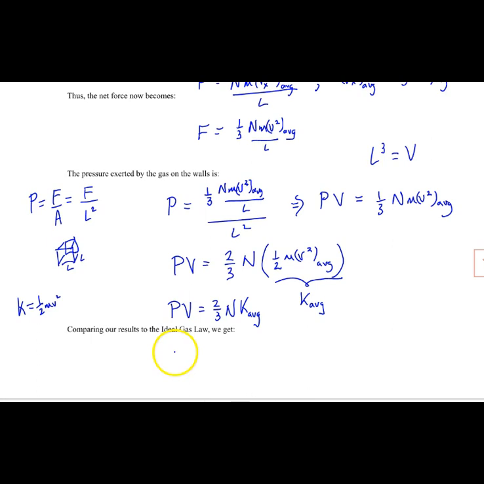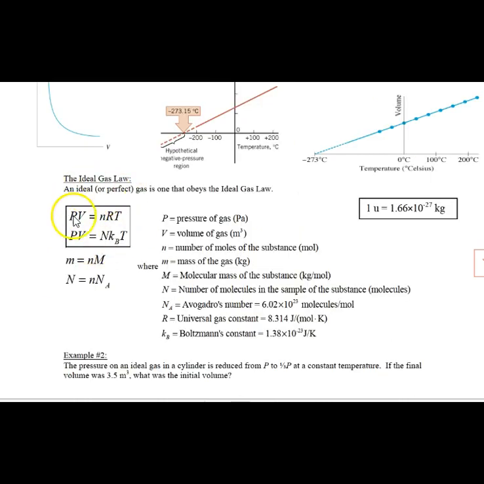And if you recall from our notes earlier in chapter 14, let me show you that. We had two expressions for the ideal gas law, but this version I'm going to use. PV equals the number of molecules multiplied by Boltzmann constant multiplied by the temperature in Kelvin.